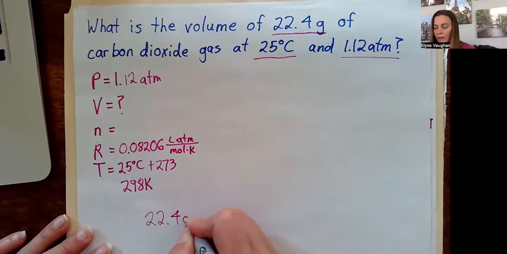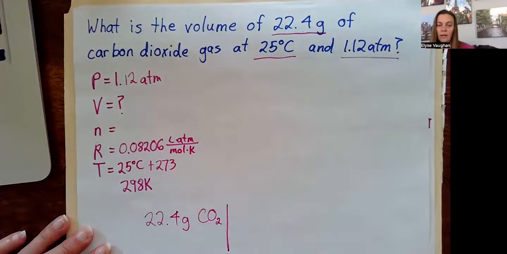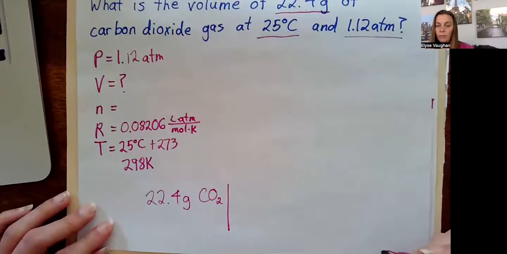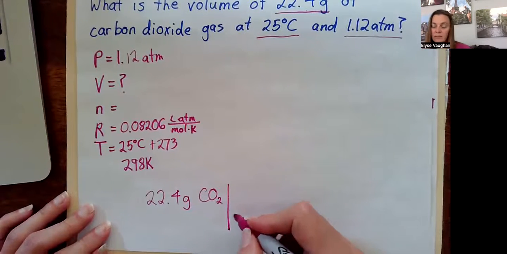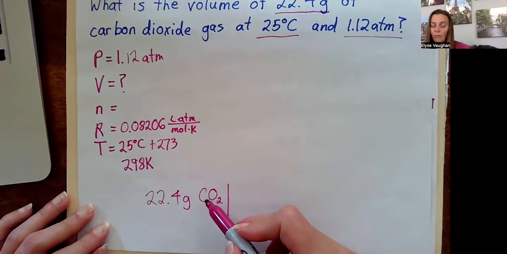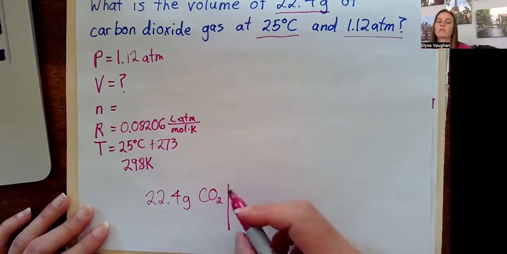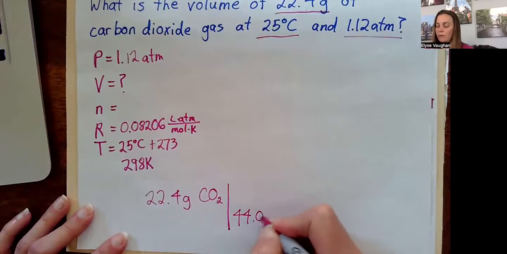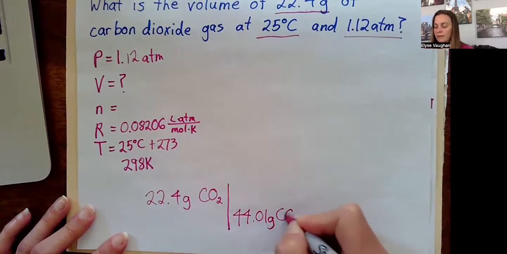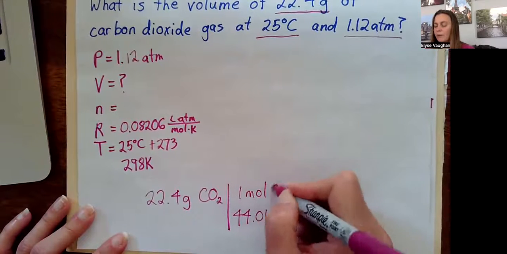And so I know that 22.4 grams of carbon dioxide, well, now I can solve for moles by dividing this by the molar mass of carbon dioxide. So I'm going to take the mass of carbon, 12.01, plus 2 times the mass of oxygen, which is 16.00, and we get that it's 44.01 grams of carbon dioxide for every 1 mole of carbon dioxide.